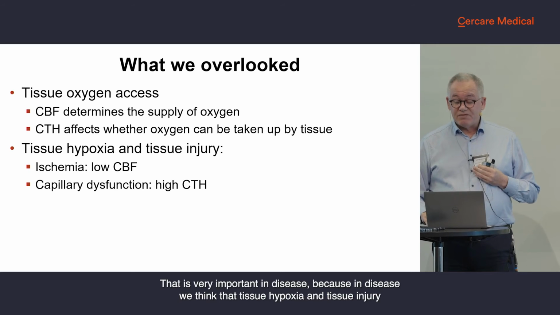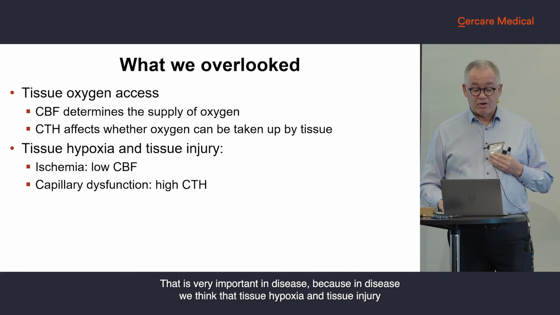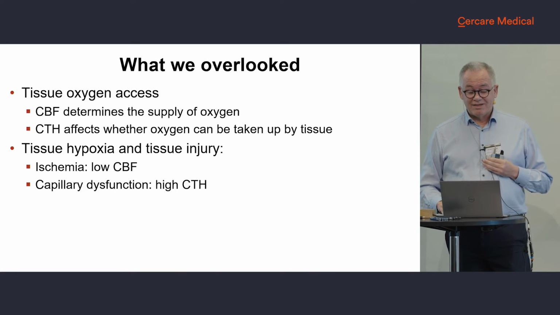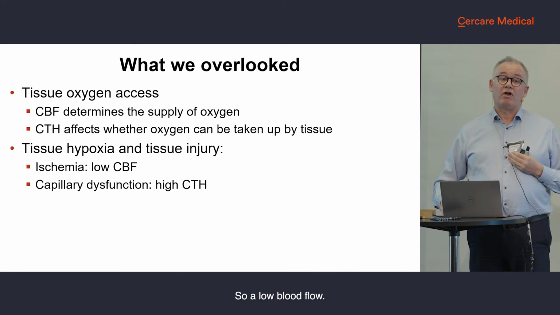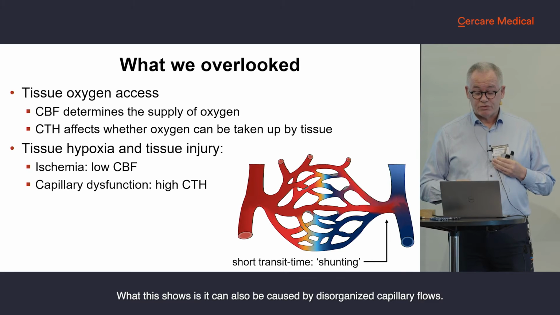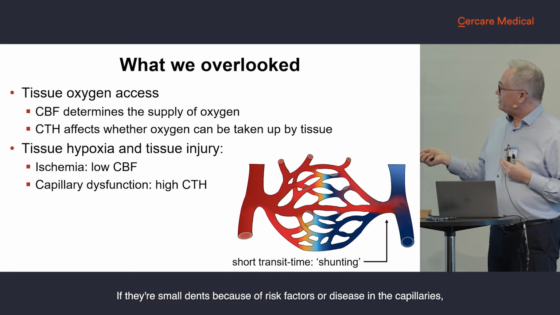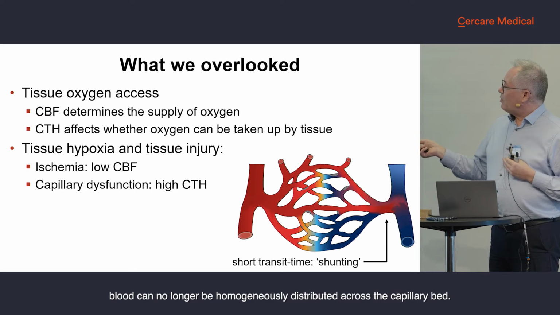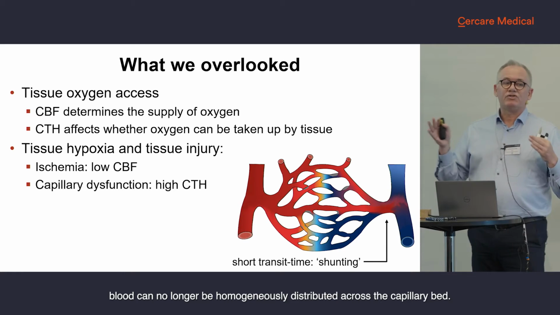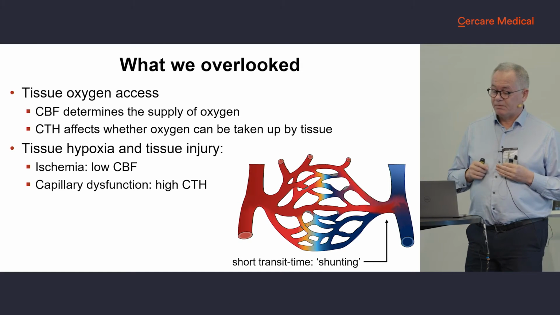That is very important in disease, because in disease we think that tissue hypoxia and tissue injury is caused by ischemia, so low blood flow. What this shows is it can also be caused by disorganized capillary flows. And I've tried to illustrate this here. If there are small dents in the capillaries because of risk factors or disease, blood can no longer be homogeneously distributed across the capillary bed and essentially shunts through the microcirculation.